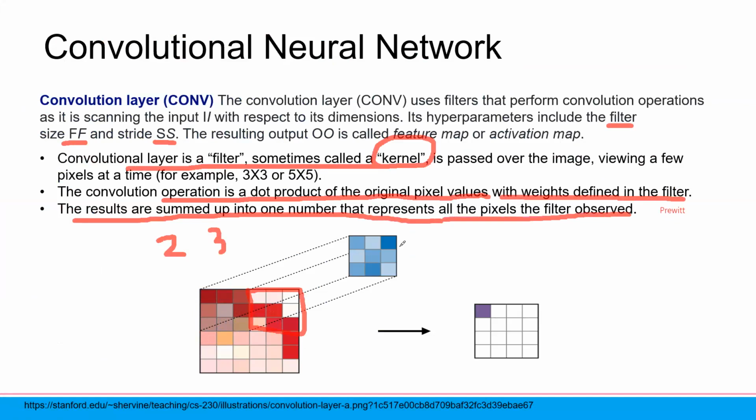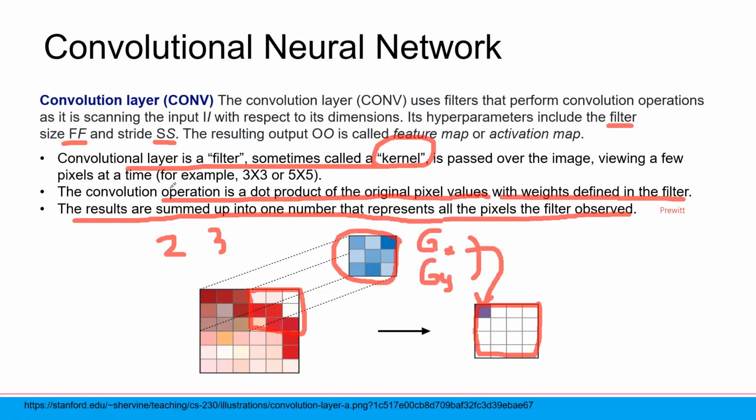So using the Prewitt, you know that we have the gx, and then we have the gy, and then we do the summation, and the number is saved here. So we will have a smaller matrix. This, we call the convolutional layer.